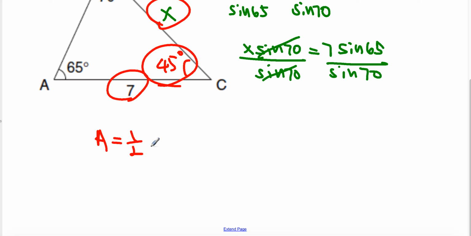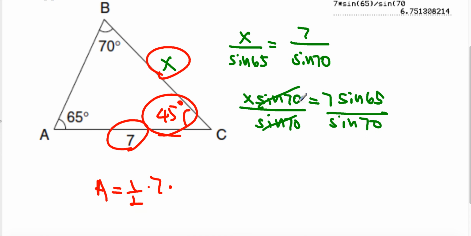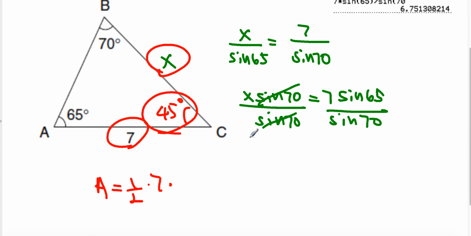Then here we get area. Let's go to 1/2 times 7 times the other side, which was 6.75, and then sine of 45 degrees.